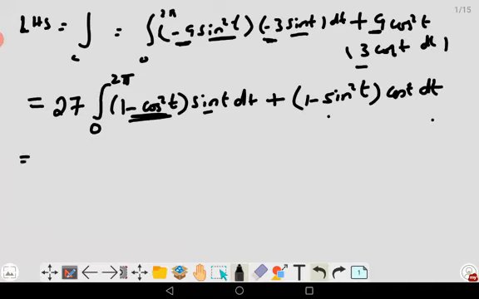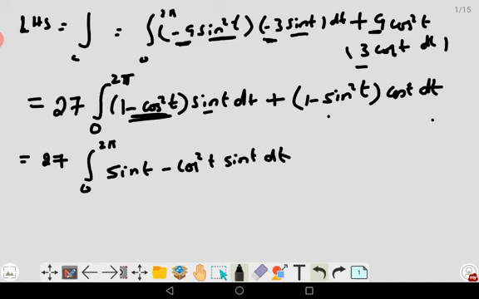Okay. Now 27, this one is going to be separated: integral from 0 to 2 pi. First one, sine t minus cosine squared t sine t, dt is common, so take it here.